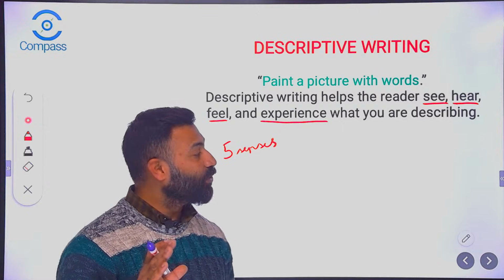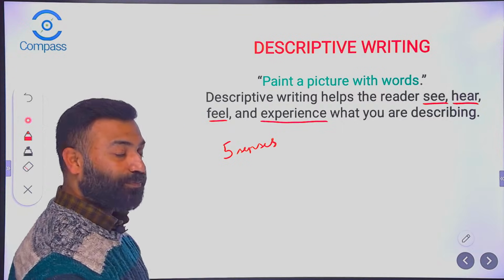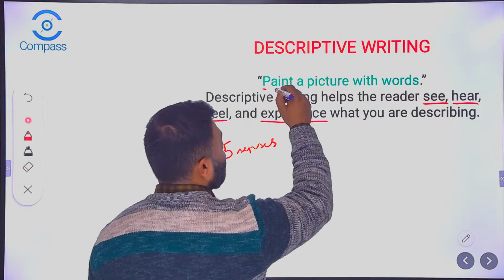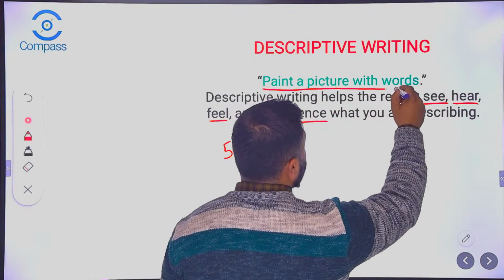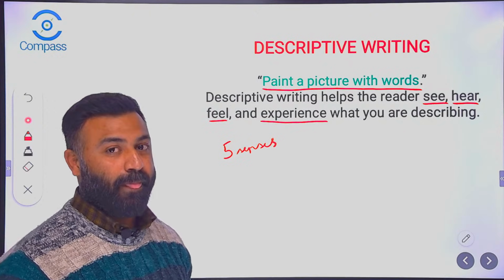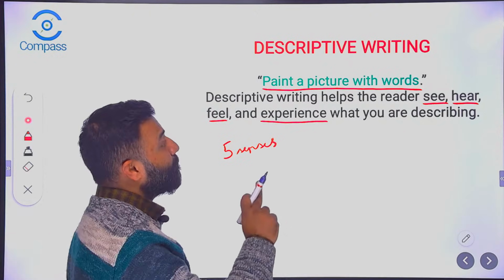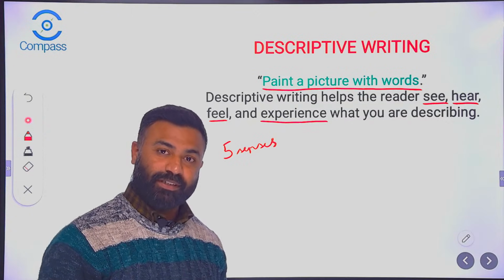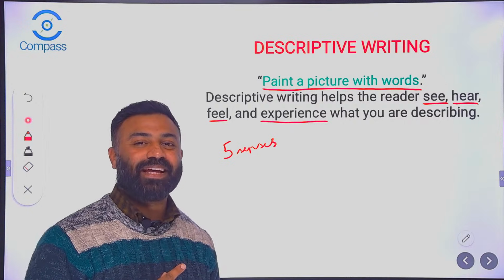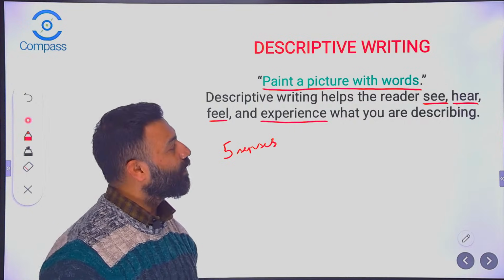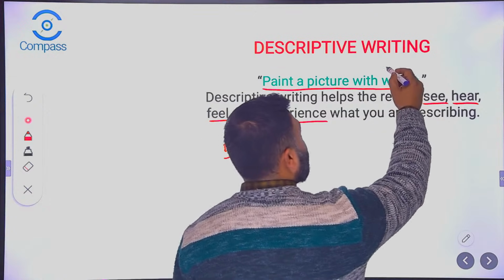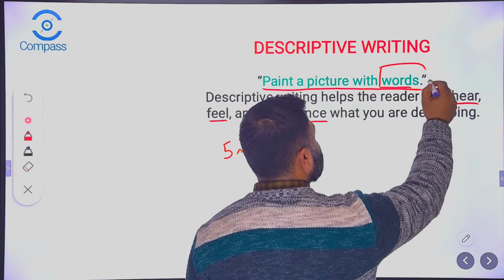So you need to engage your five senses. In simple words, you have to paint a picture with your words. What is descriptive writing? You have to paint a picture with words. We all have painted with colors. There is something else: you have to paint a picture, and that too with words.